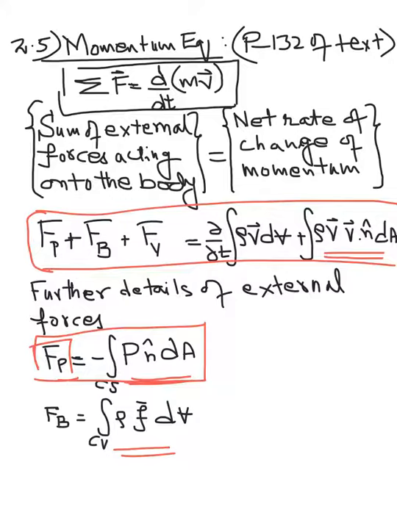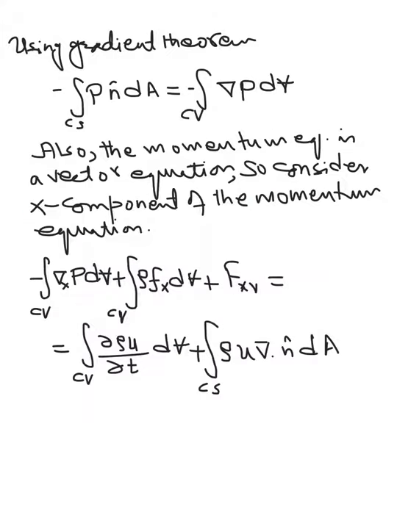Let's do this for the pressure term first, and next we will do this for the integral term on the right hand side. Now I have converted the pressure, which is onto the area, into a volumetric integral utilizing the gradient theorem, and will substitute this into the momentum equation.